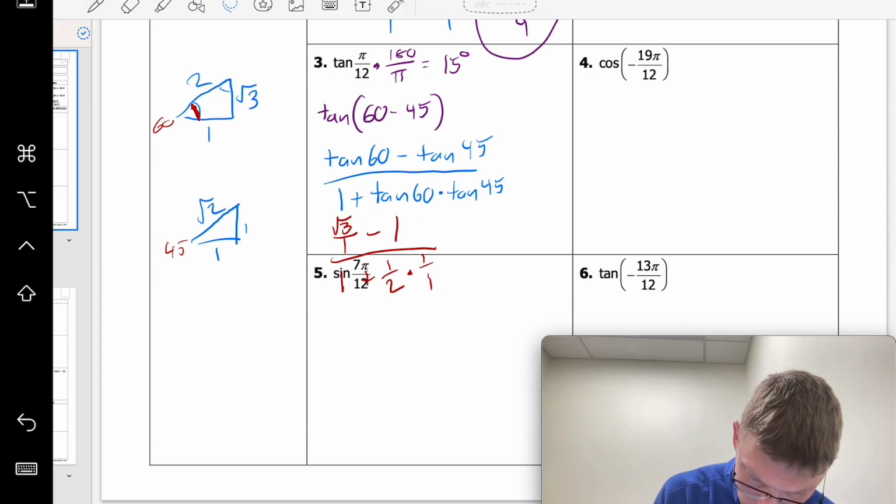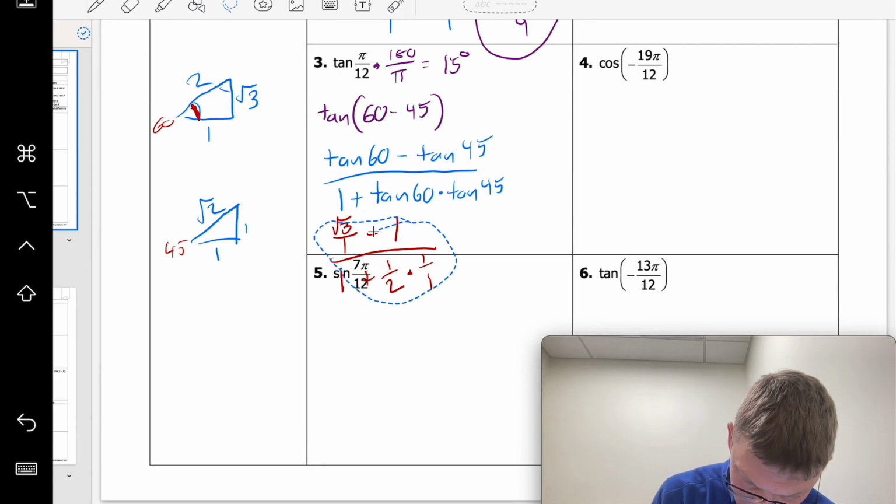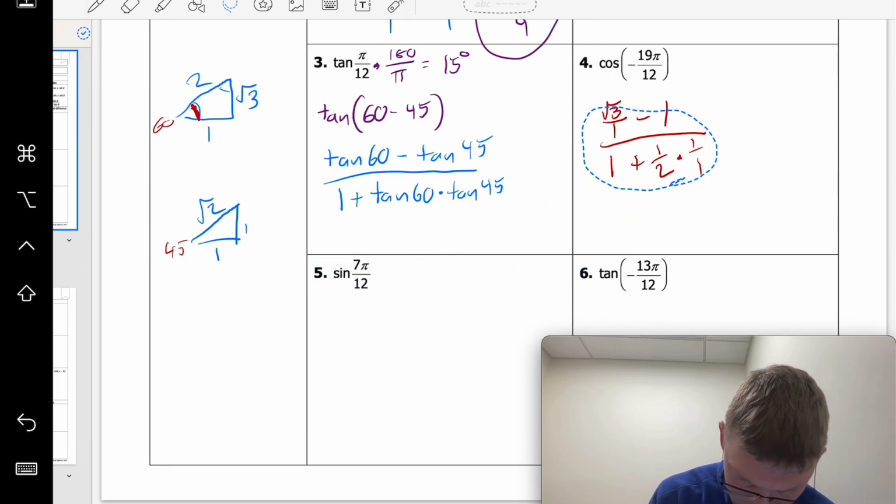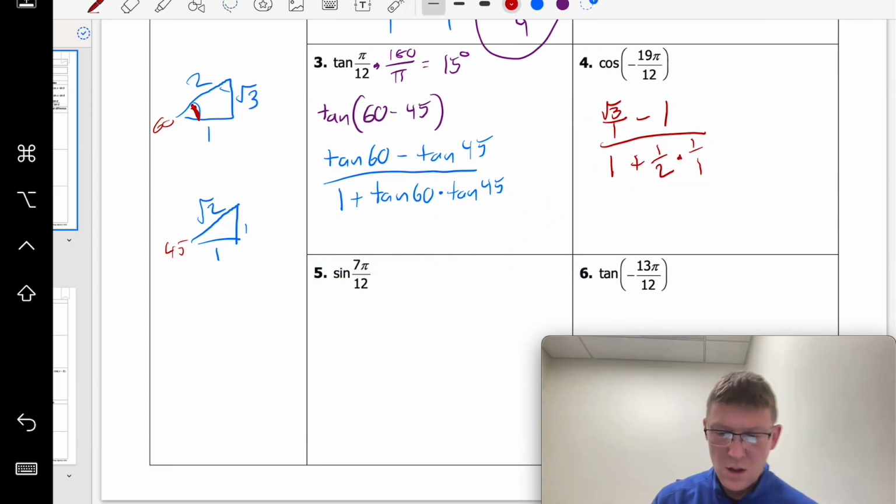Okay, so let's move this over. Oh my gosh. So we can see it. Okay, so then we're just doing our fraction game. Let's simplify our fraction.